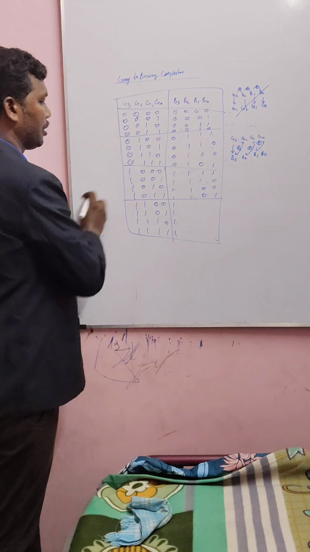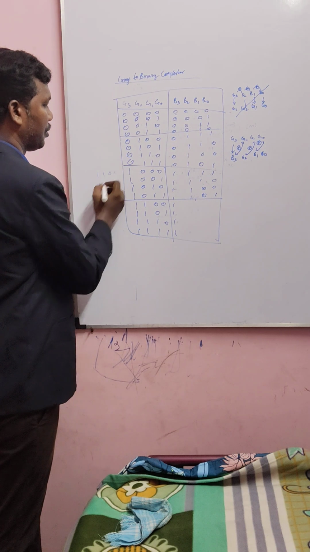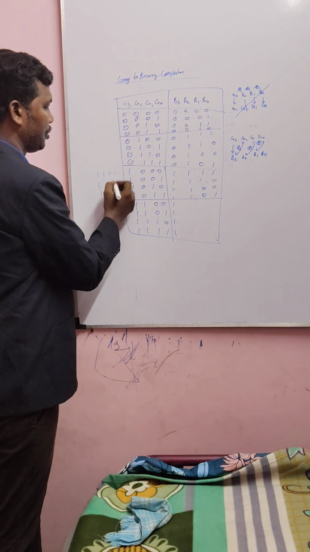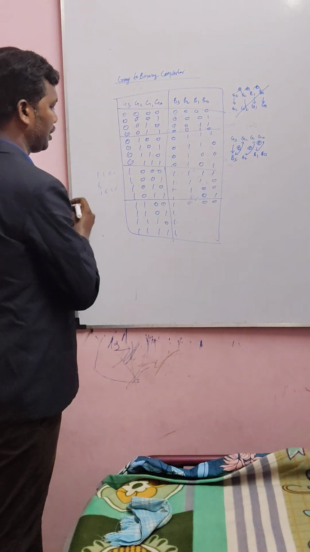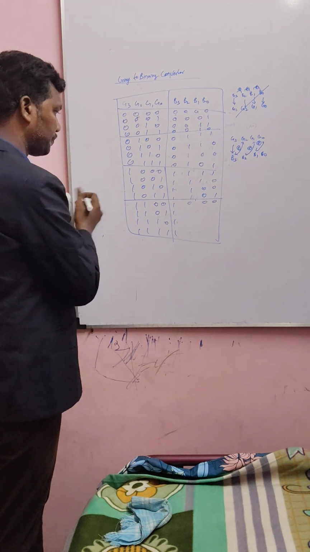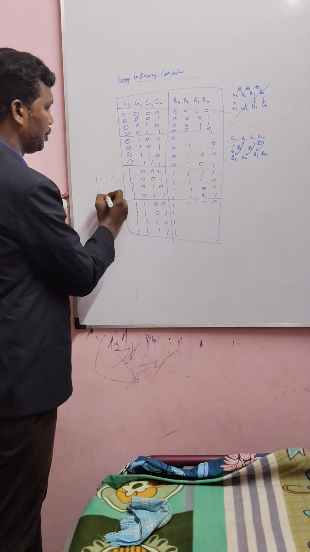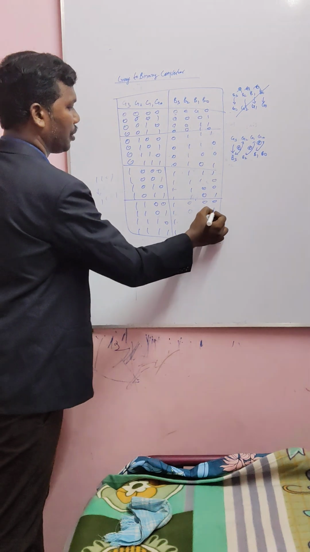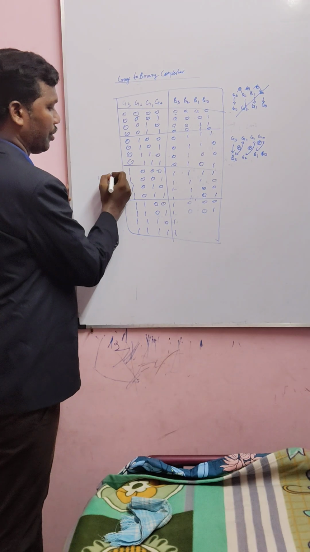The next combination, 1100, gives 1000. And come to the next one, 1101: this is 1 and this is 0 and 1, so 1001. Only two more combinations. Please follow along.